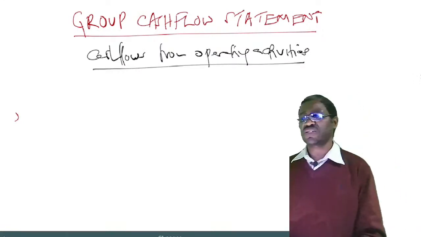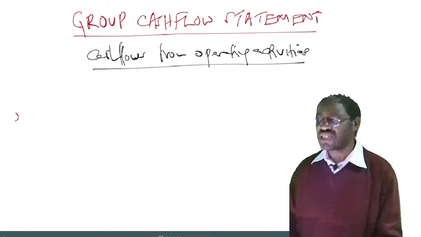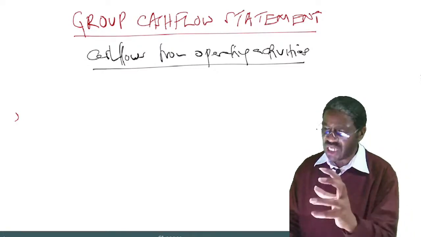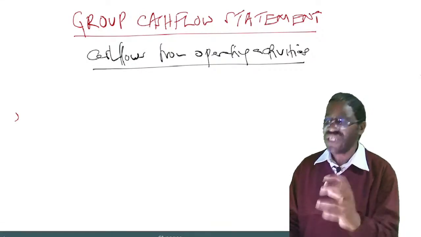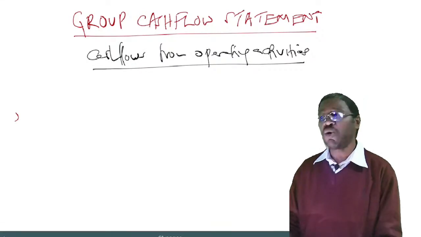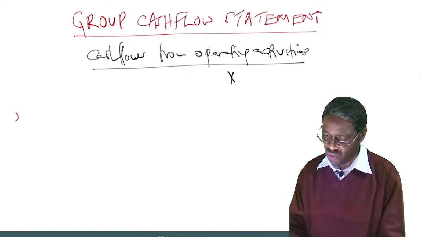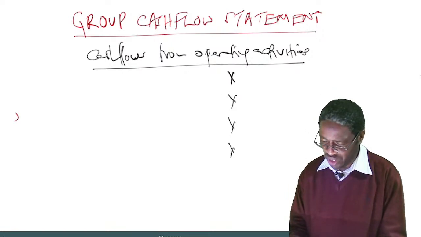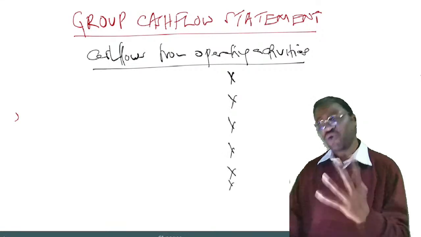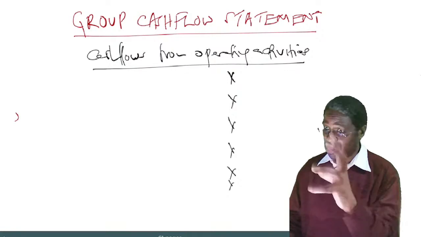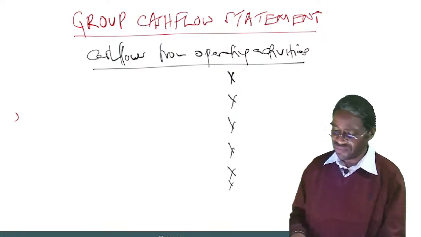In other words, you had to identify what are the cash flows that were generated from the normal operating activities of the business. You had to identify them, whatever they are. Of course, some will be positive, some will be negative. I'm just reminding you.